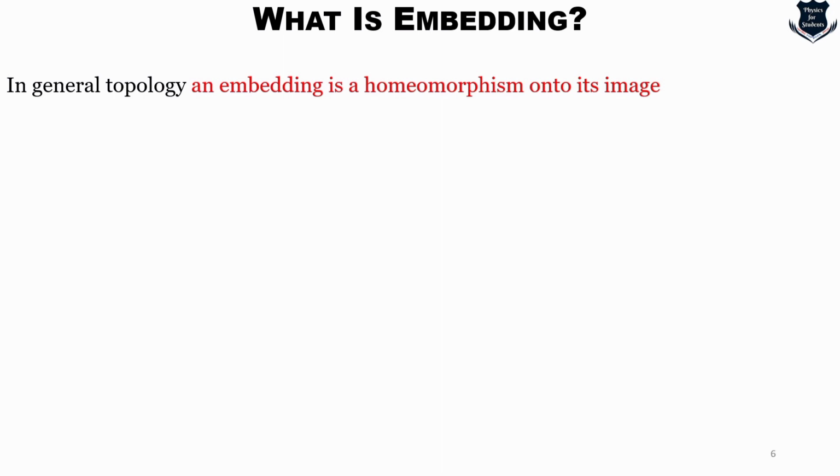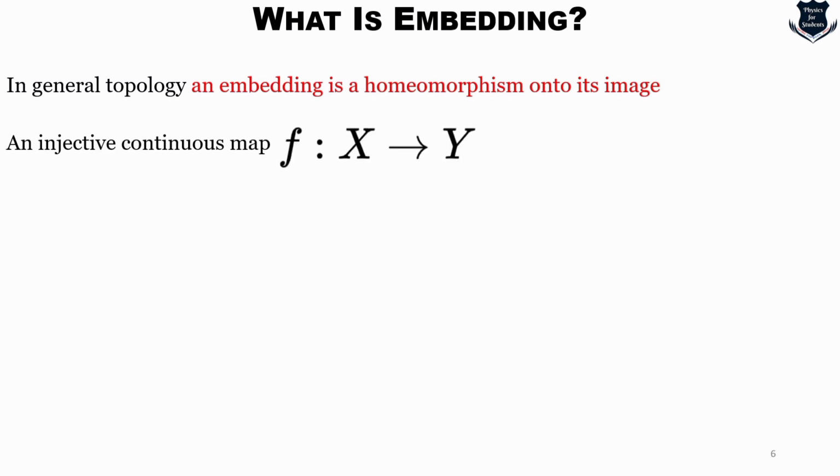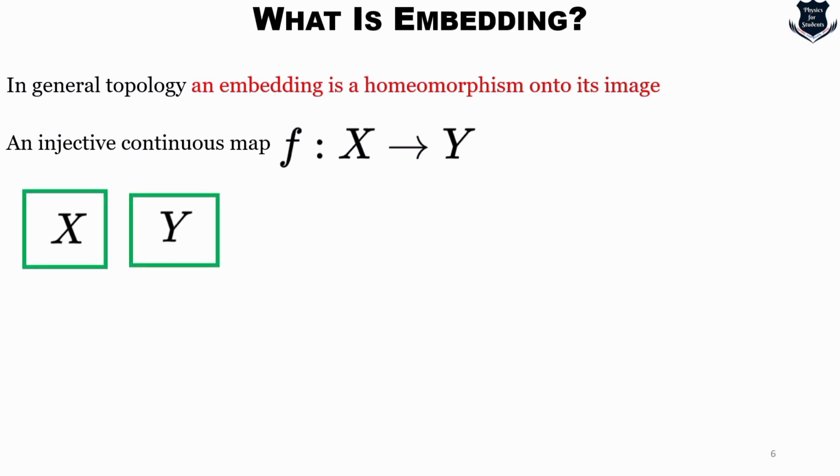So what we are trying to tell is that if we get an injective continuous map, remember that the map has to be injective and it has to be continuous, between, say, two topological spaces. Here I have just mentioned them X and Y, in a box just to give you a better visualization.